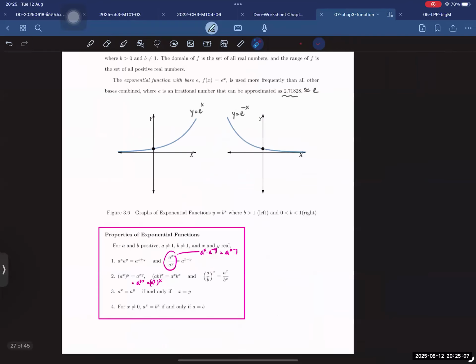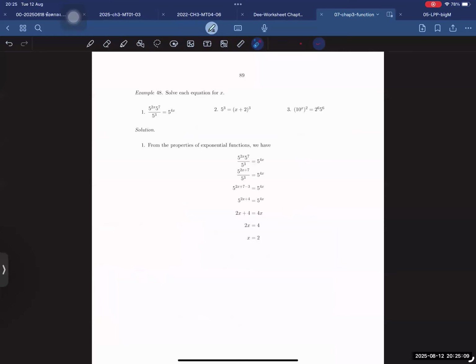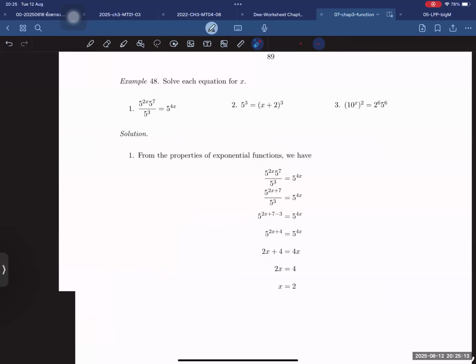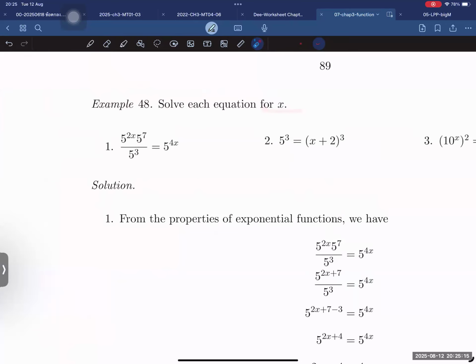Okay, so next example, we want to solve for x. There are some x here. For example, the first one, we have 5 to the power of 2x times 5 to the 7 over 5 to the power of 3. This is the left-hand side. Let me simplify the left-hand side first.